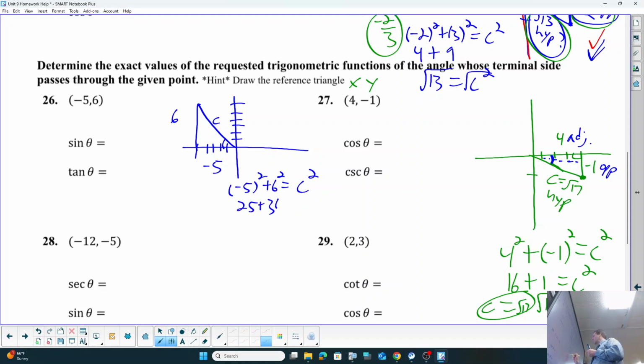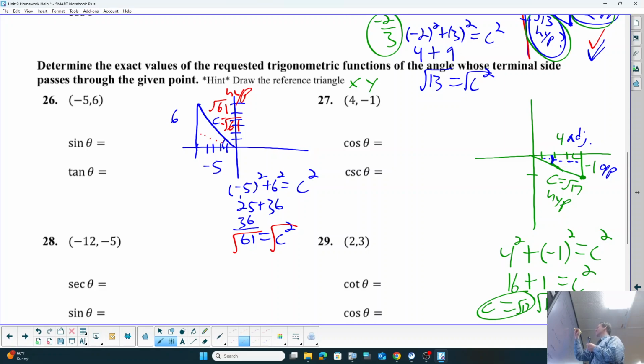What's 25 plus 36? Carry the 1, 11, carry the 1, 3, 4, 5, 6, 61? Wow, that's a beautiful number. Maybe. So we get the square root of 61. The square root of 61 is the hypotenuse.